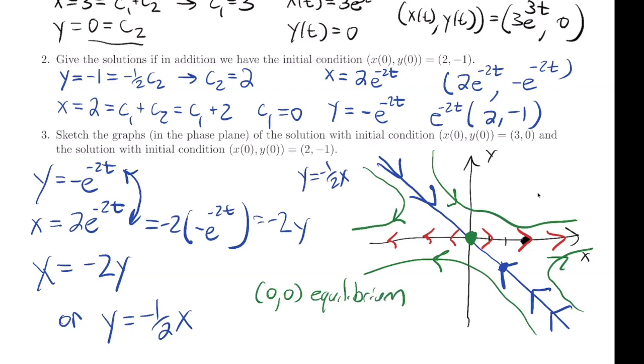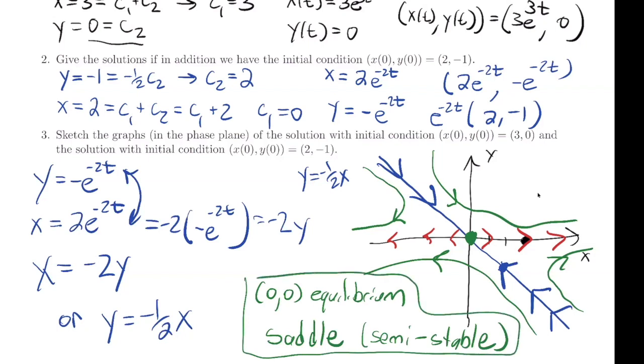And so we've got this equilibrium at 0, 0. And here we can see that in this case, this happens to be a saddle, or what we call semi-stable, since some directions go in and some directions are coming out.